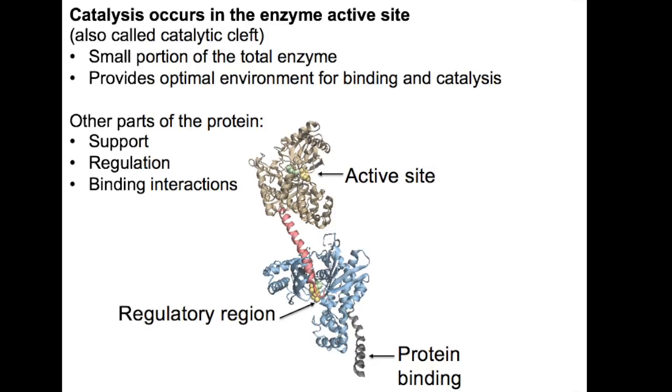The other parts of an enzyme offer support, regulation, and can provide binding interactions, binding to other proteins, binding to lipids, binding to sugars. And so most of an enzyme is involved in regulation or binding or supporting the active site.